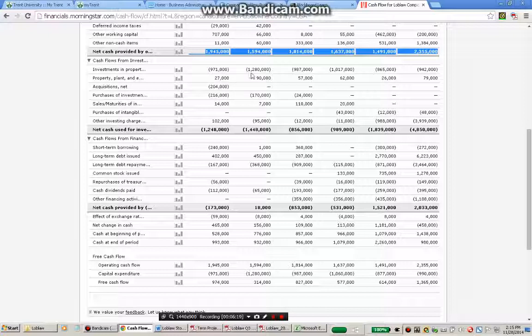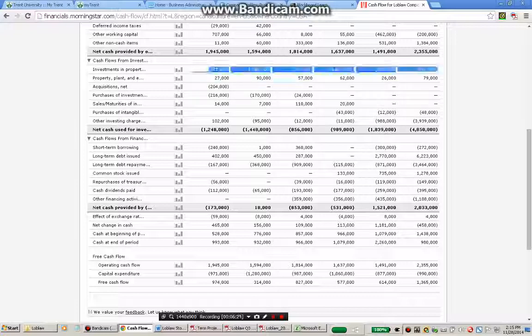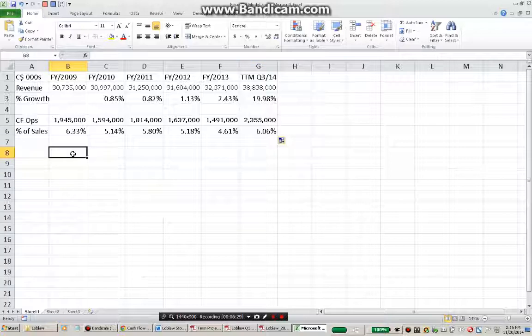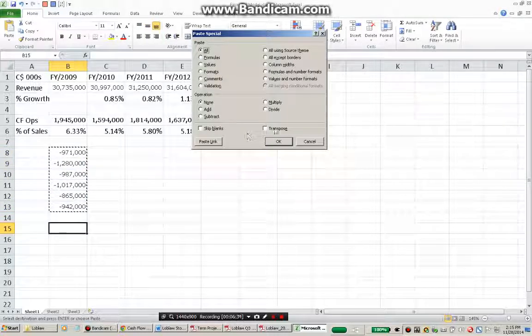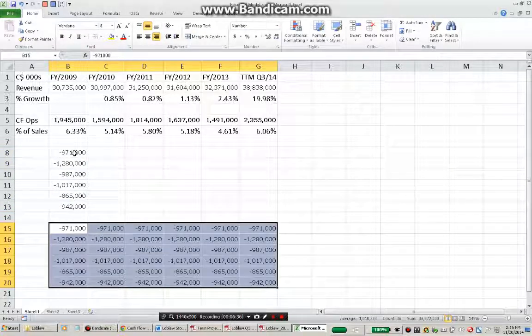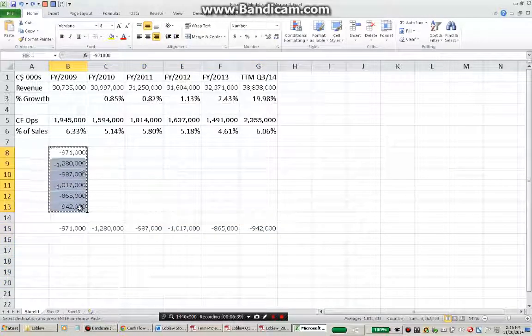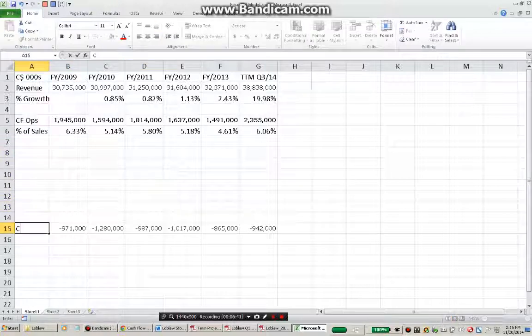It's also a number that's pretty consistent. Okay, I'll just reorganize that. Whoa. Okay. So this is our capital expenditure, CapEx.